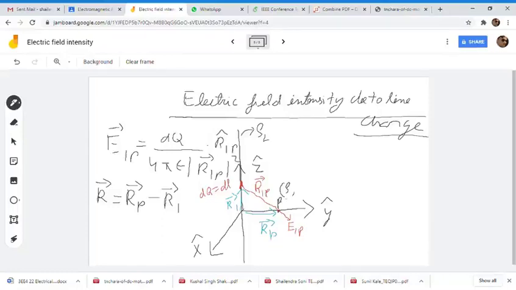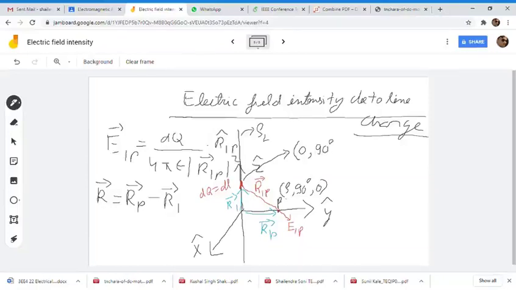Then the angular distance from the x-axis, so it is 90 degree here, and the z-axis distance, so it is on the xy plane, so z will be 0. Similarly the position of this dq length is on the z-axis, so your rho is going to be 0 and your angle you can take to be 90 degree.